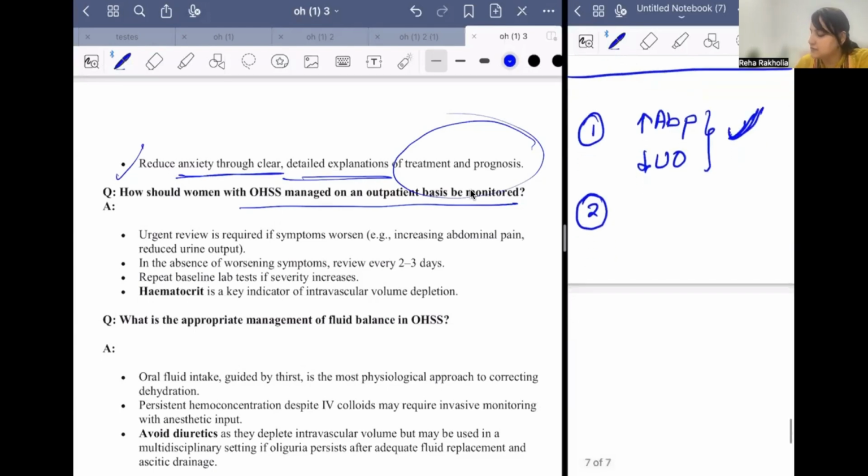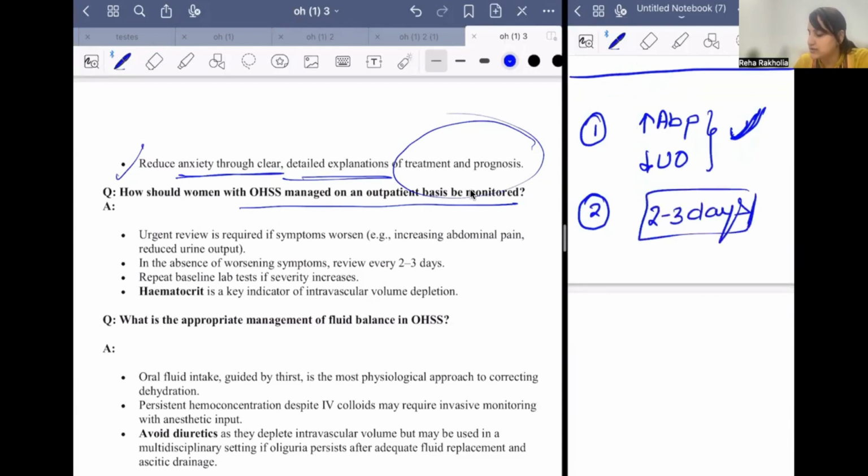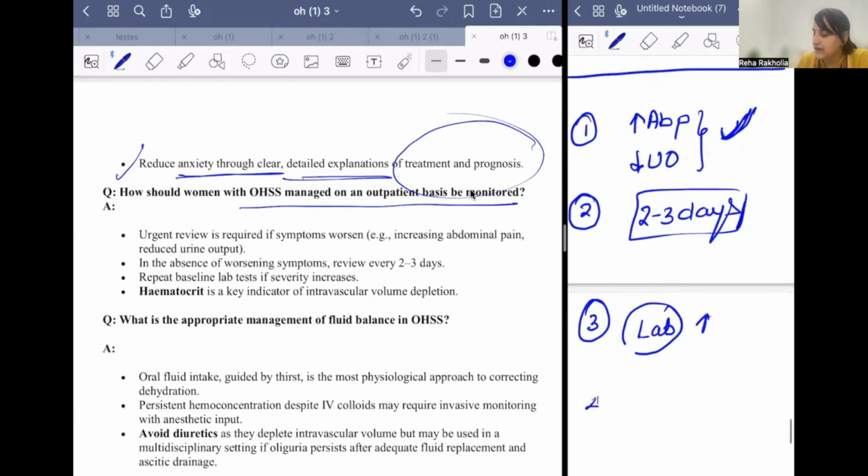Second is, in the absence of worsening symptoms, review every 2 to 3 days. You'll have to come to the hospital every 2 to 3 days to review. If we are managing the patient on an outpatient basis, we'll have to tell the patient these things, okay? Then repeat baseline lab tests if severity increases, okay? And hematocrit we'll have to do. It is a key indicator of intravascular volume depletion.